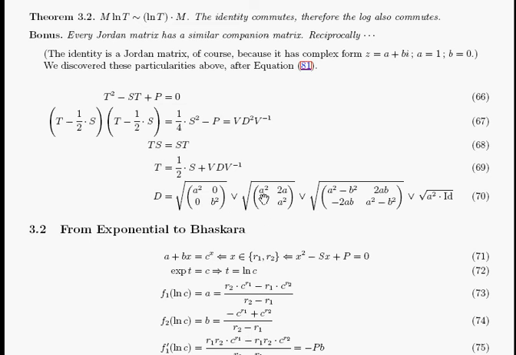Square root of a diagonal with the same number is that number, and any complex number times the identity, because A and B are different, and here A is equal to B. When the identity appears, V and V powered to minus 1 cancel.